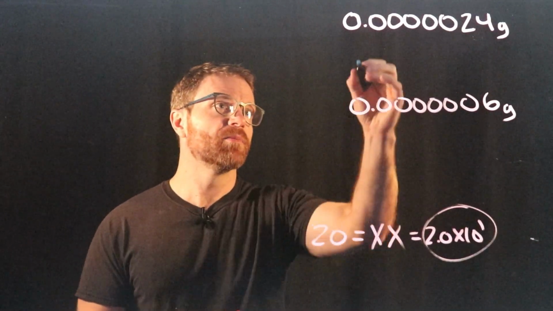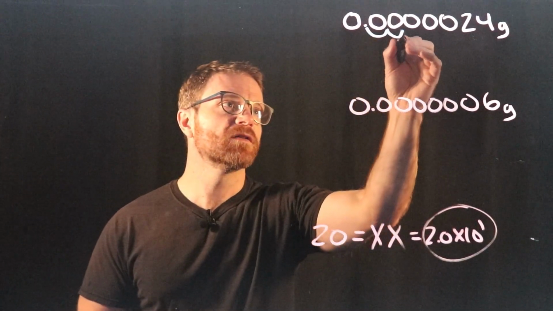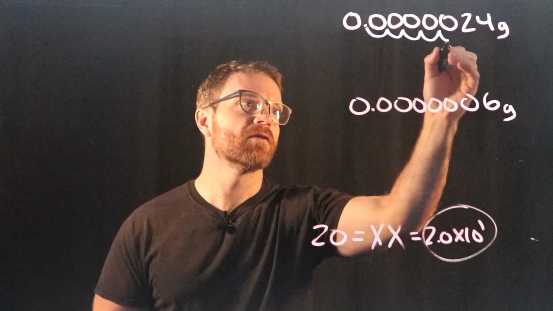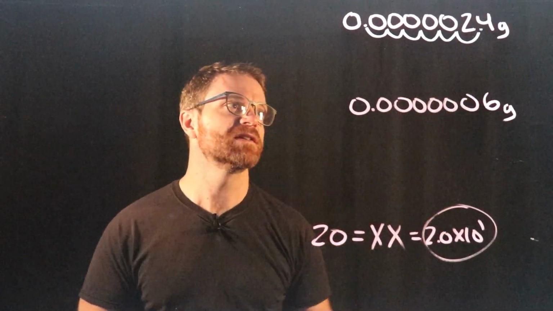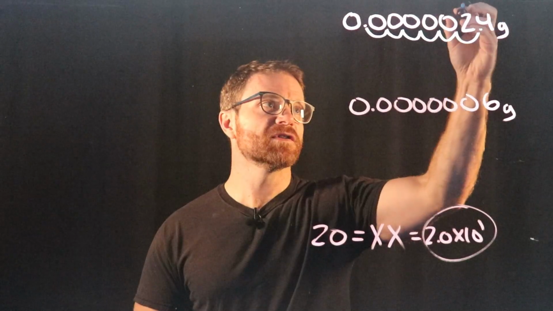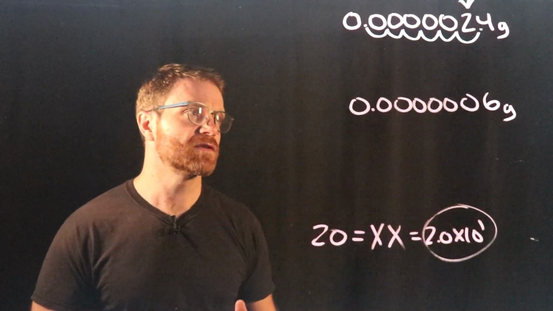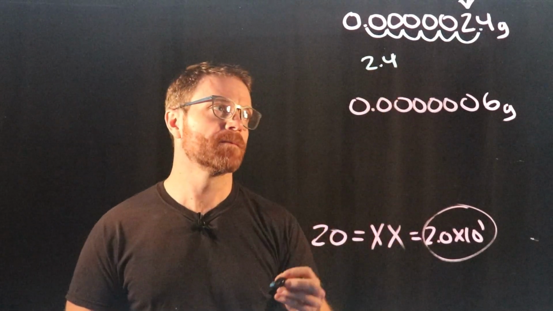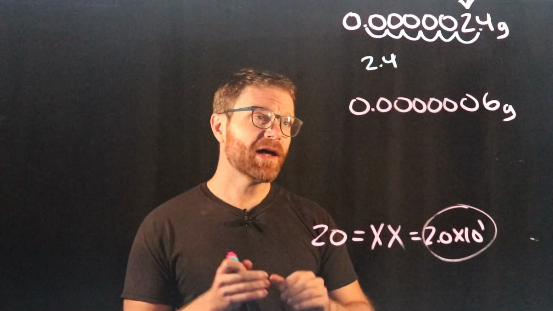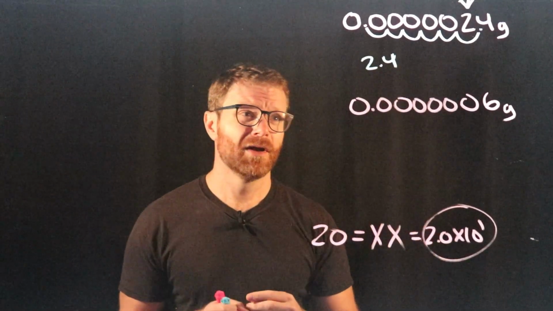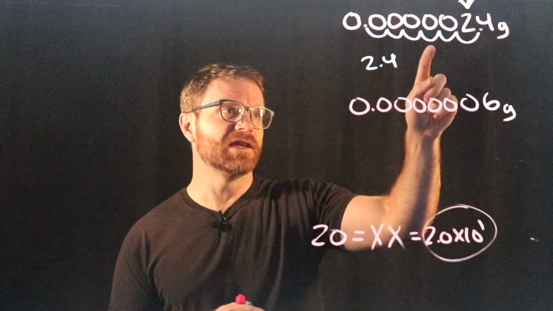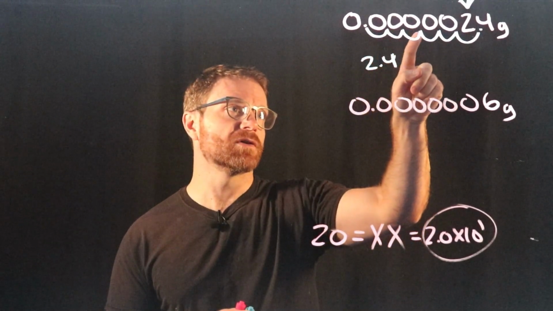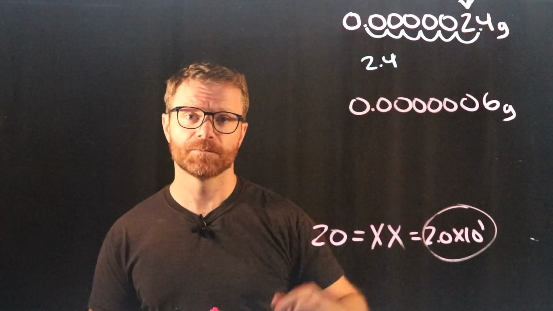So for this number, I'm going to move the decimal point 1, 2, 3, 4, 5, 6 times until it's right after that first non-zero digit, which is the 2. Okay, so then my number becomes 2.4. And now remember, I'm not actually changing my number. So 2.4 is not equal to 0.00000024.